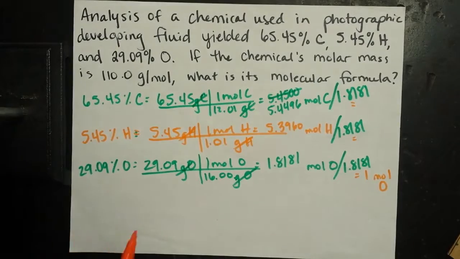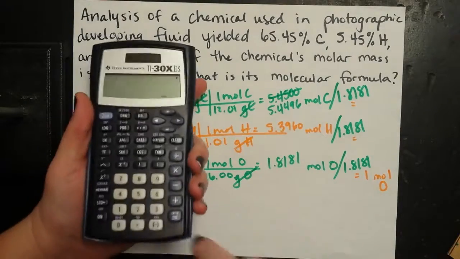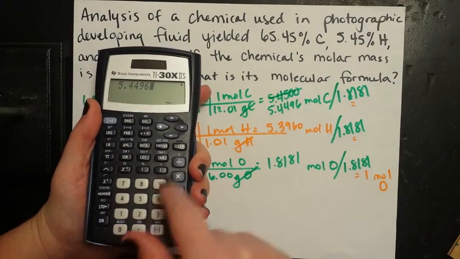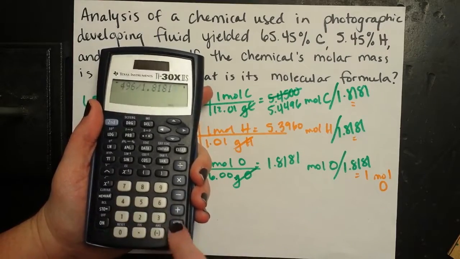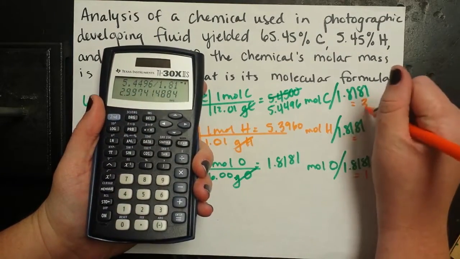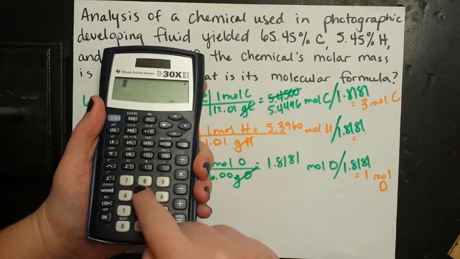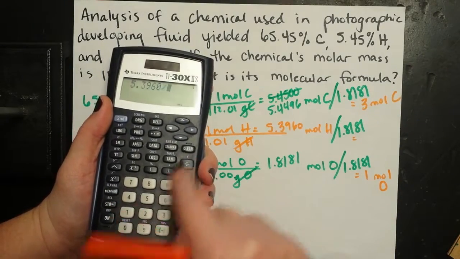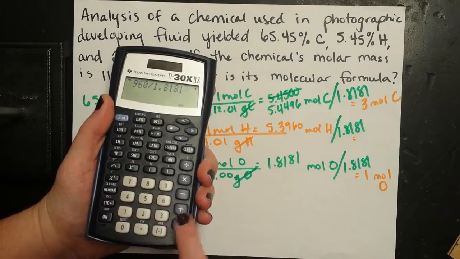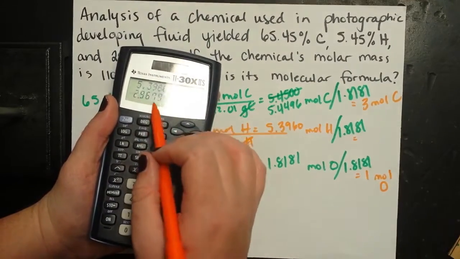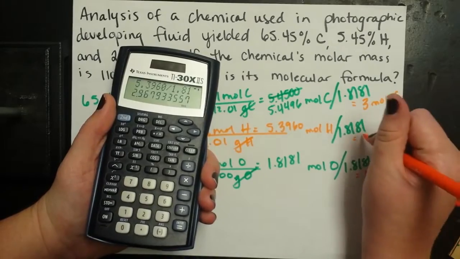For carbon, I've got 5.4496 divided by 1.8181. So 3 moles of carbon. And here I've got 5.3960 divided by 1.8181. This gives me also 3, so 2.9 something. It's going to round up to 3.